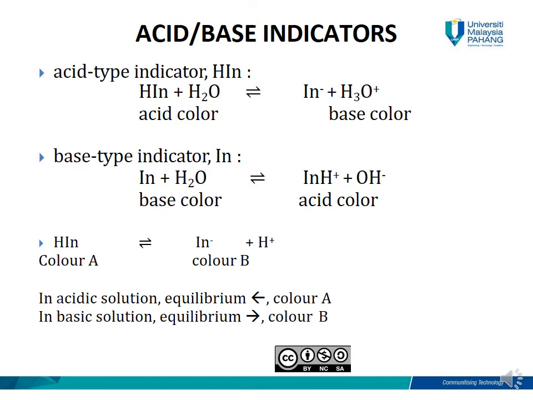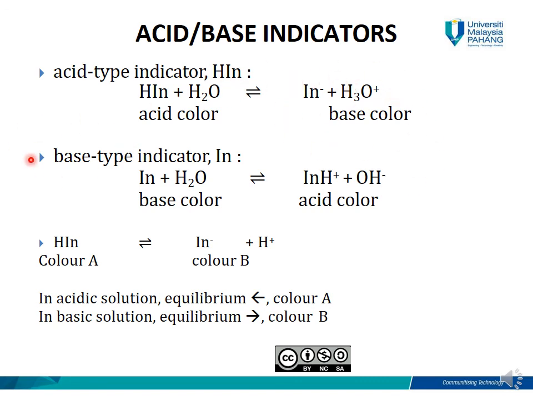This is the chemical reaction that happens for the indicators. For the acid type indicators, H here refers to the proton, and IN is the indicator. When it mixes with water, it will become indicator minus plus H3O plus. This is a base color.